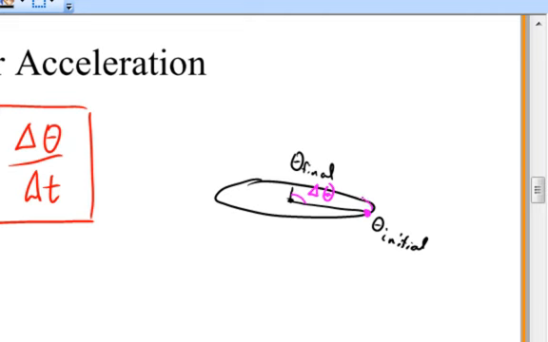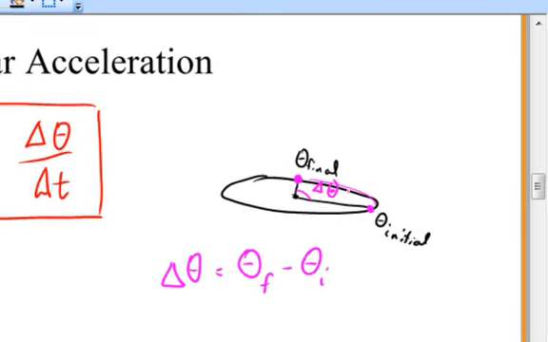The object is going to travel through some arc length till it gets to the final position, and the angle through which that goes we're going to call delta theta, where delta theta is equal to theta final minus theta initial. That happens in a certain time interval, delta t, and omega is equal to delta theta over delta t.